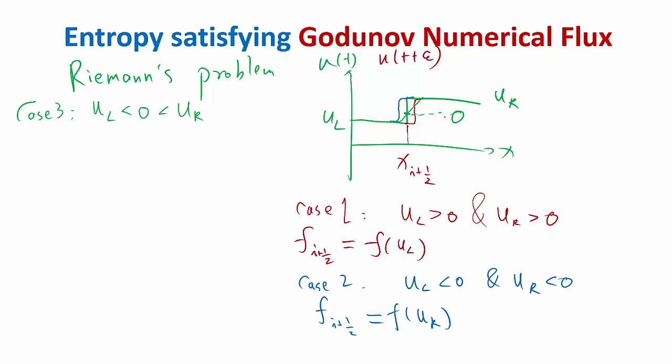The expansion fan expands around the 0 solution. If the right is higher than the left, then the right is going to expand further away. The center of the expansion is always going to be 0. And the Godunov flux in that case should be what?